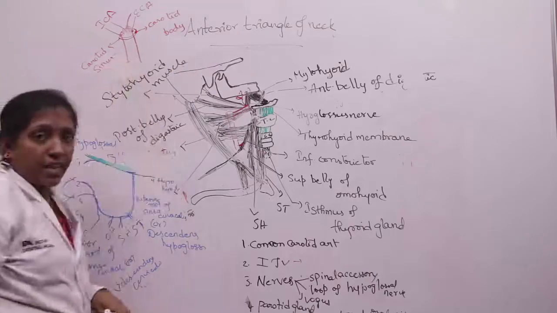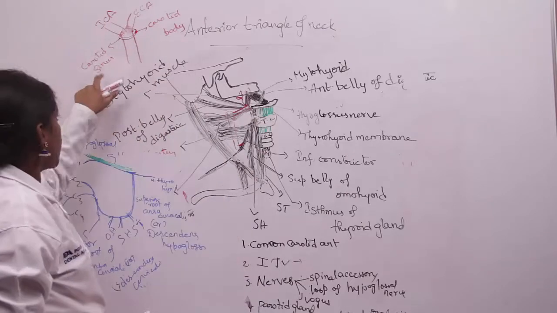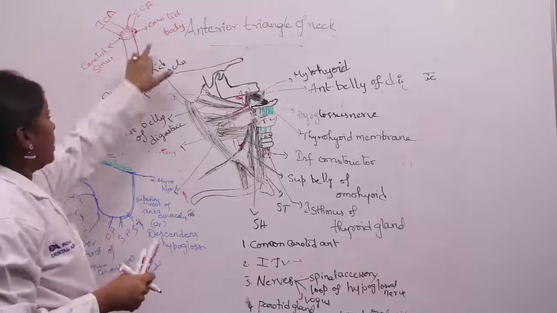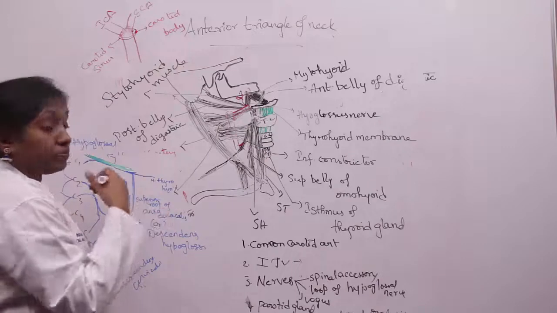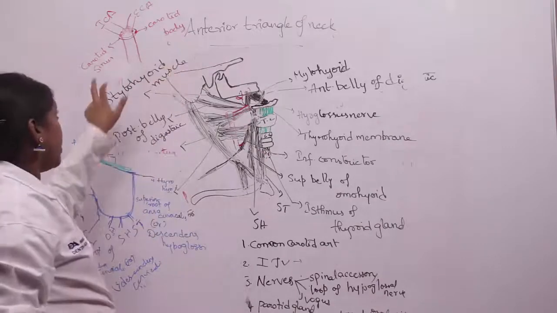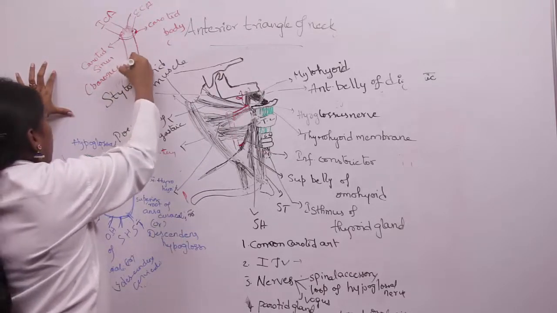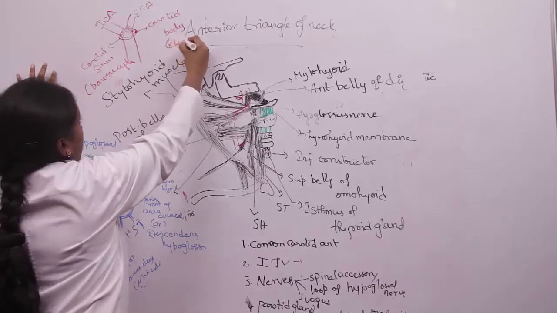This carotid sinus and carotid body have rich nerve supply, and this carotid sinus acts as baroreceptors, and this carotid body maintains the oxygen tension levels of the body. It acts as chemoreceptors. Carotid sinus acts as baroreceptor, and carotid body acts as chemoreceptor.